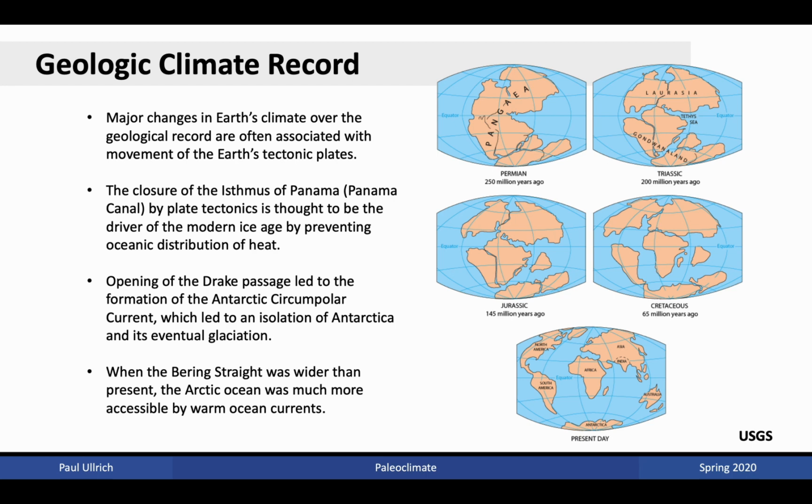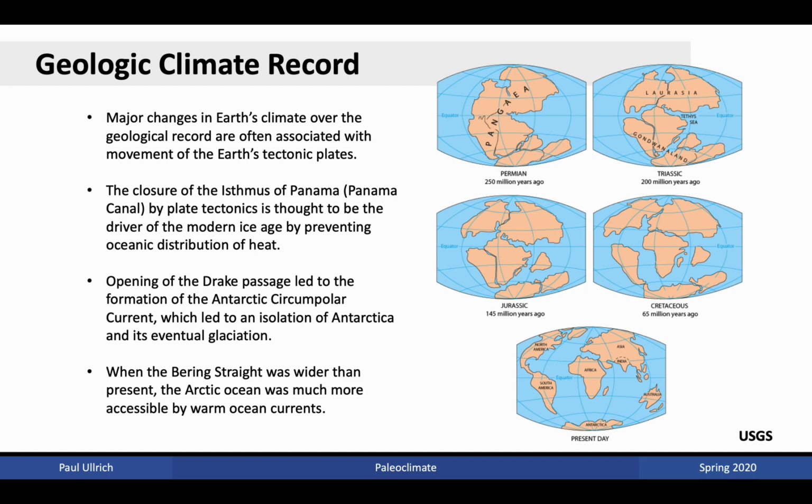There are changes in the continental structure of the planet that have been known to affect climate. For instance, it's hypothesized that the closure of the Isthmus of Panama, that is the connection between North America and South America, by plate tectonics, is thought to be the driver of the modern ice age, by preventing the oceanic distribution of heat from the Pacific Ocean into the Atlantic Basin.